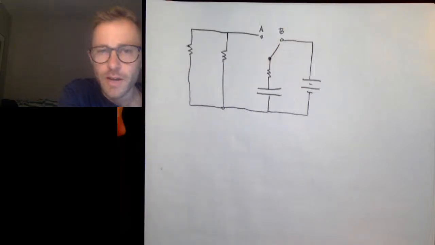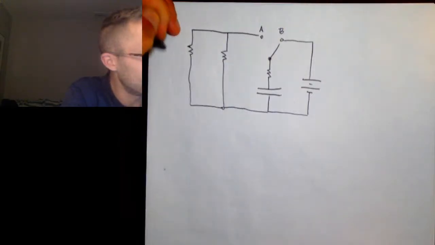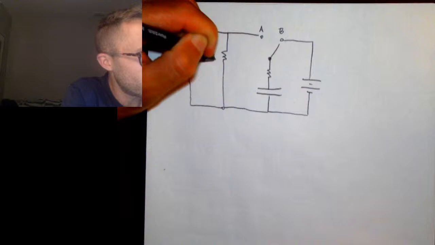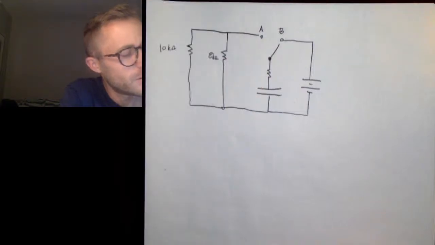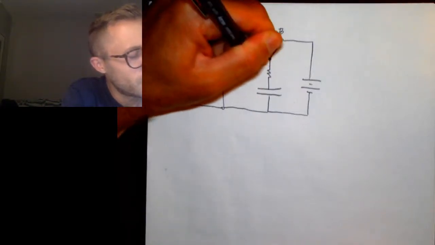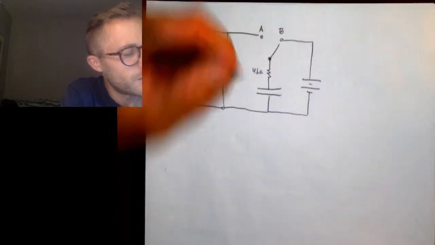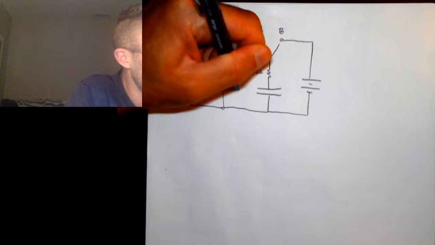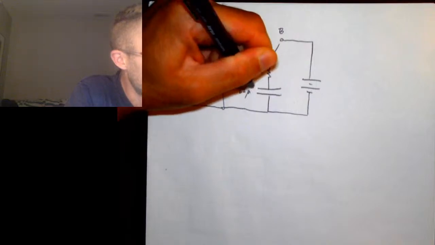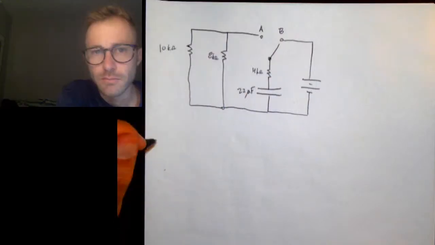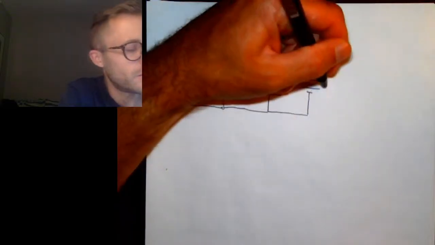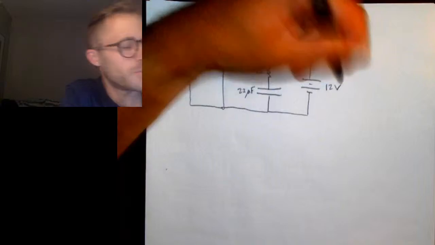Let me give these some values. Let's say this is 10 kilo ohms. This is 8 kilo ohms. This is 4 kilo ohms. This is a capacitor that is 22 microfarads. Okay. And let's say that this is a 12 volt battery.